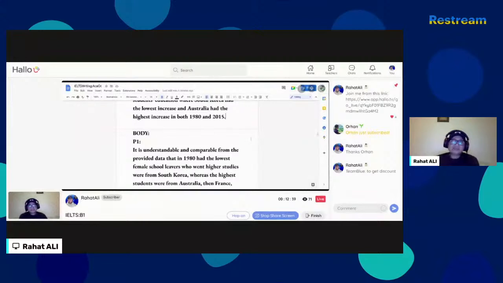So in the body part, you have to describe at least 2 ideas, in separate paragraphs.